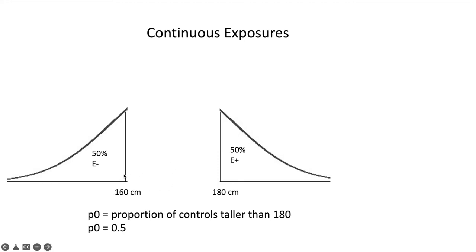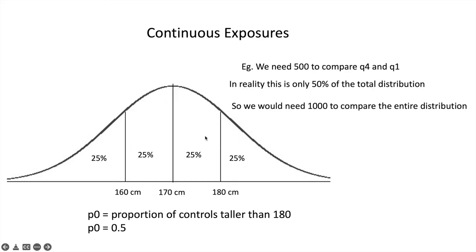But notice that this calculation excluded everyone between 160 centimeters and 180. So we need to consider that, where, let's say, using this, we found we need 500 people. Well, we need 500 people to find this contrast, but if we're interested in also including these people, we need to recognize that that was only 50% of the population.